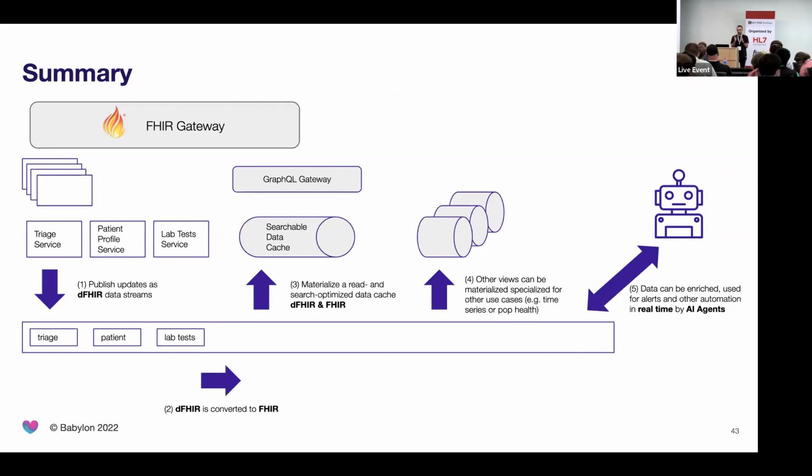We use property-based testing that shows that using this template, it should be impossible to put any values in DFHIR that create an invalid FHIR resource. That doesn't just do structural tests, but also conformance testing, so codes in the right value sets, like you said. Then as we convert to FHIR, we additionally redo any conformance checks in case our property testing has missed something before it goes in the searchable data cache. It still gets stored, but it's marked as invalid and as something we have to deal with at some point.